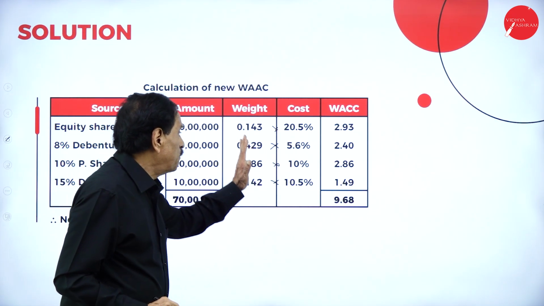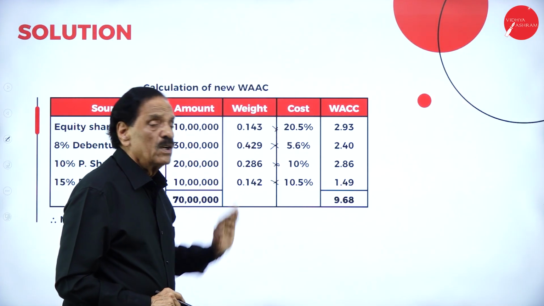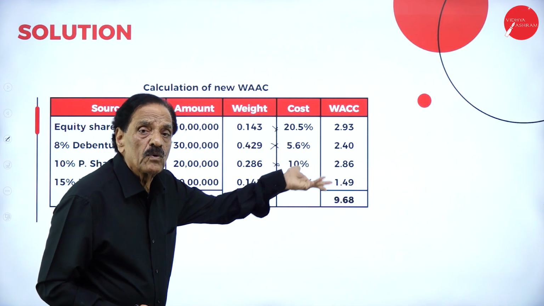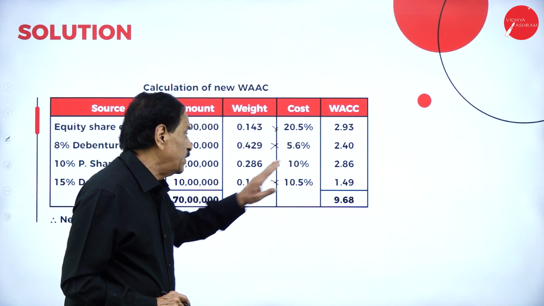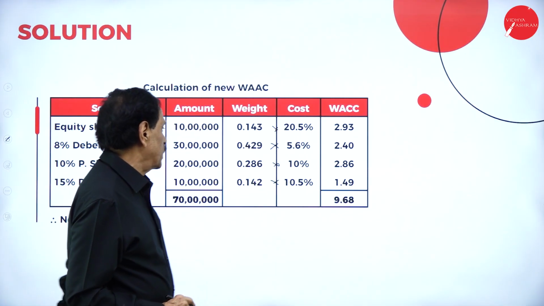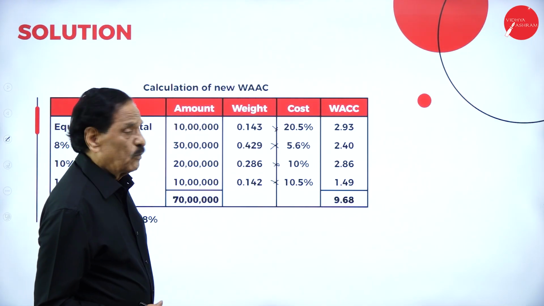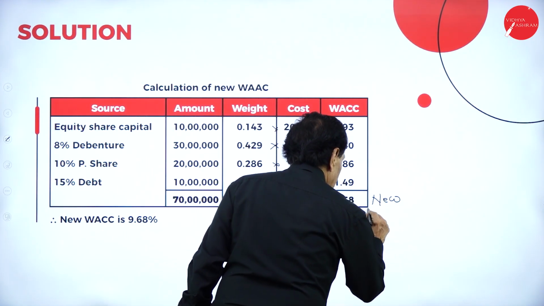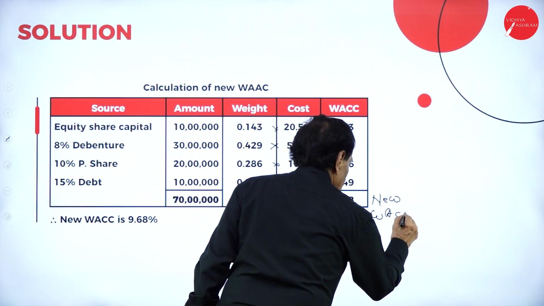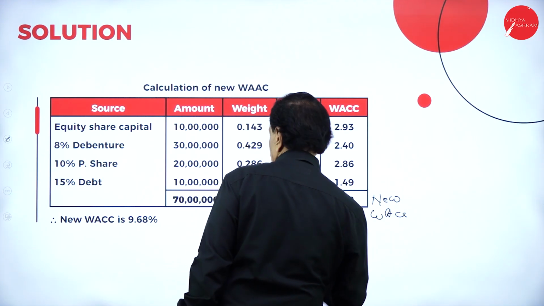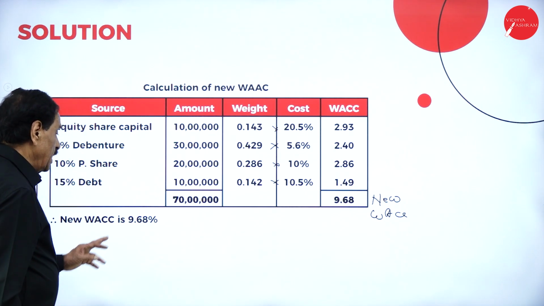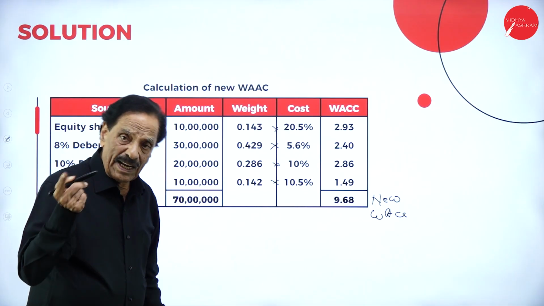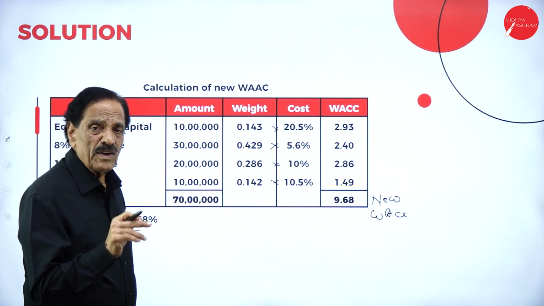Multiply: 0.143 into 20.5 is 2.93. 0.429 into 5.6 is 2.40. 0.286 into 10 is 2.86. 0.142 into 10.5 is 1.49. The new WACC, the weighted average cost of capital, is 9.68%. So you have to do it for the existing, and also for the new.